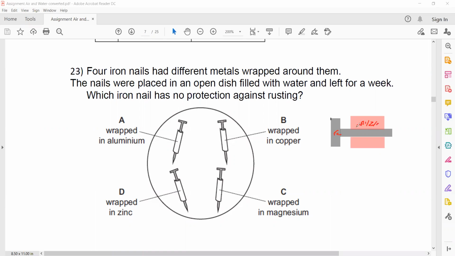They are more reactive, so they lose electrons. Their electrons travel to the iron surface, because the iron surface now has a lot of electrons. So iron finds it difficult to lose electrons and rust. That's how it protects iron from rusting. Because the more reactive metal loses electrons first, iron is not able to rust. So B, because iron is more reactive than copper, so iron will rust. In the copper, there will be no change.